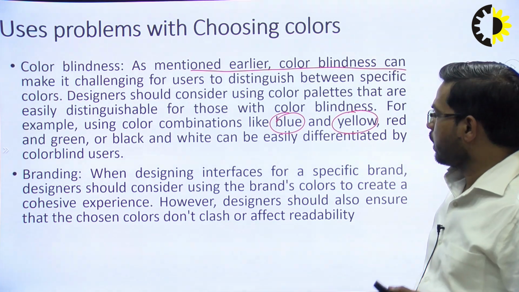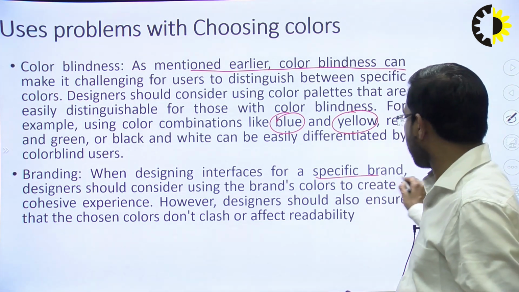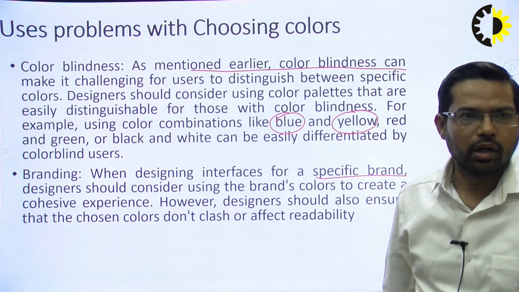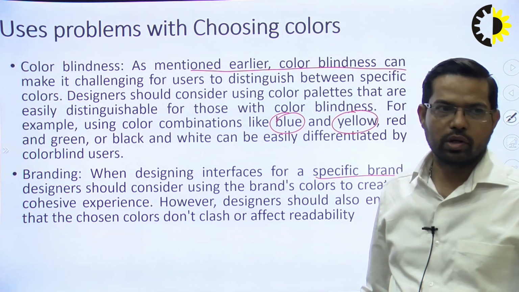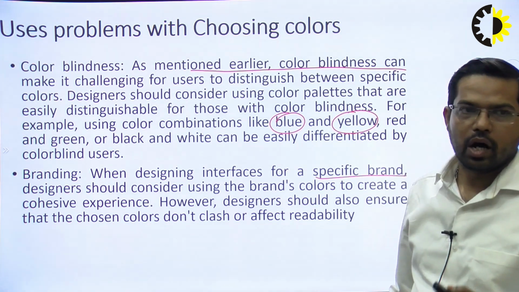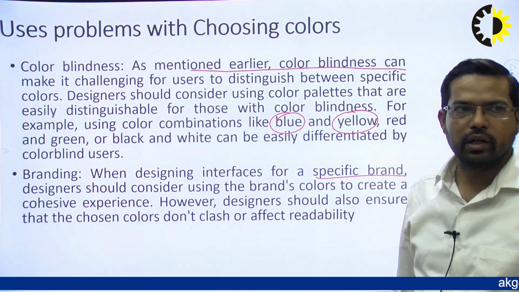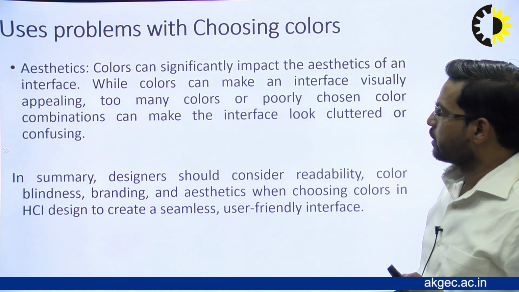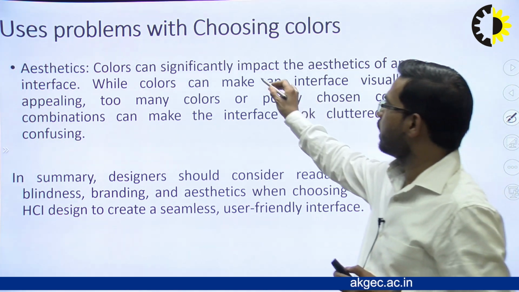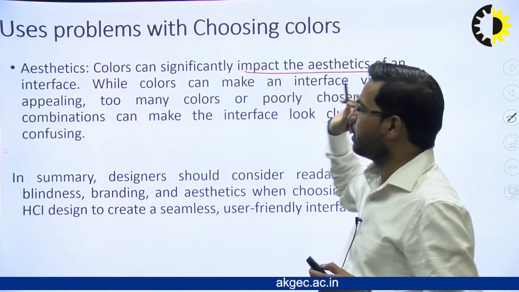Branding: when designing an interface for a specific brand, designers should consider using the brand's colors to create a cohesive experience. However, designers should also ensure that the chosen colors don't clash or affect readability. Aesthetics: color can significantly impact the aesthetic of an interface.